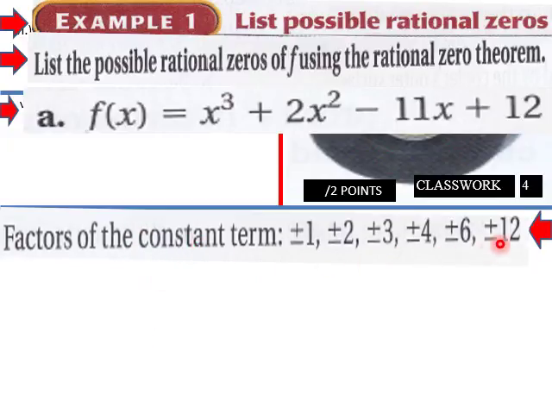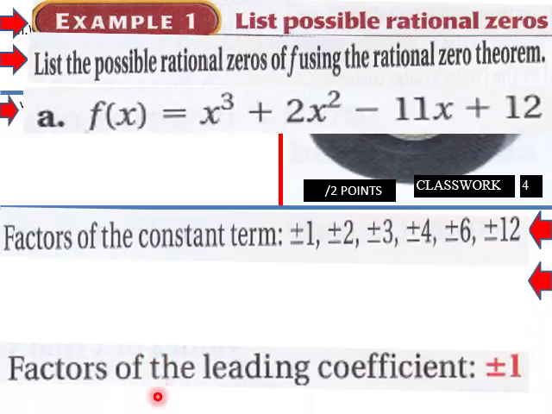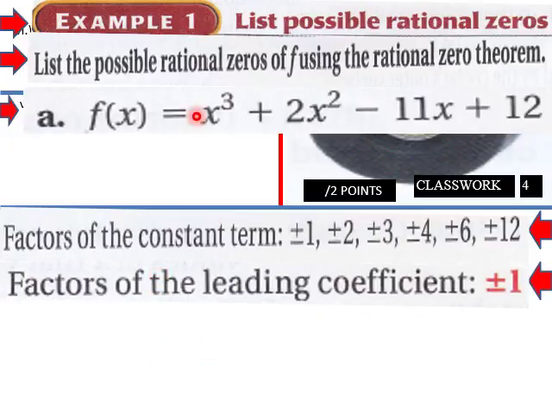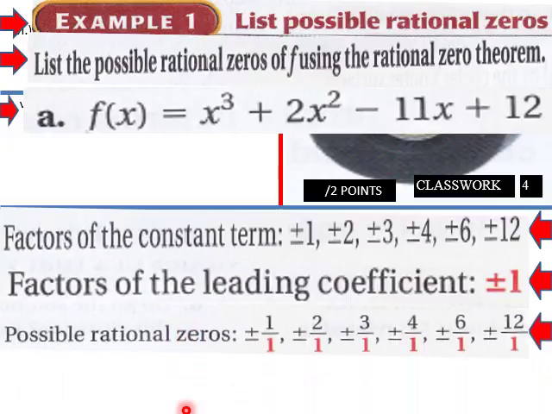So the factors of the constant, here they are, plus or minus 1, 2, 3, 4, 6, and 12. And then the factors of the leading coefficient here are plus or minus 1, yes? Okay, so using our rational zero theorem, we stick our factors of leading coefficient in the denominator, and the factors of our constant are here, are they not? So these are possible zeros here for this third degree polynomial.